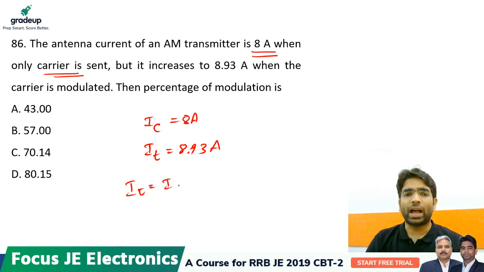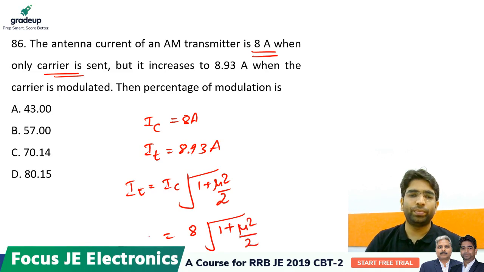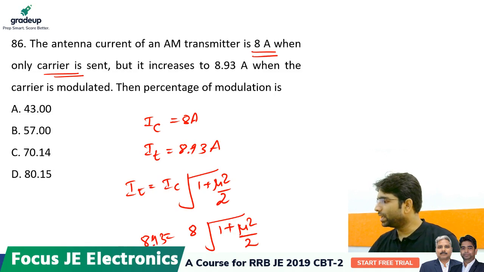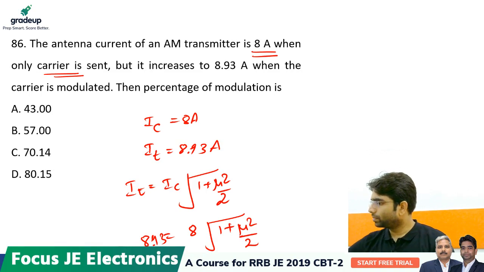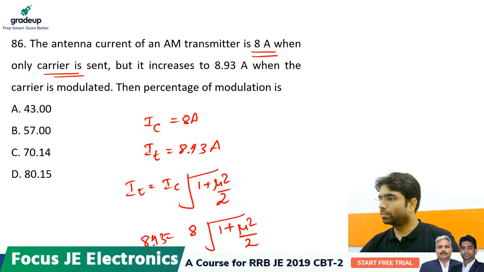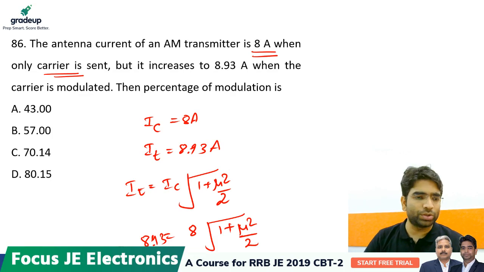Take the formula IT equals IC root of 1 plus mu square by 2. IC is 8 amperes, IT is 8.93, and you have to find mu.